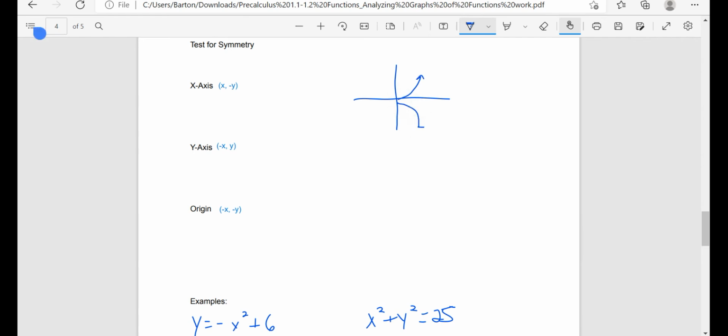Okay, where it's the same function but flipped over the x-axis, hence it's symmetric, right? And you do this if you're given just a function, which we're going to get examples of here in a moment. You plug in x everywhere you see an x, and a negative y everywhere you see a y, and if you simplify and it's the same exact function, then it reflects over the x-axis.